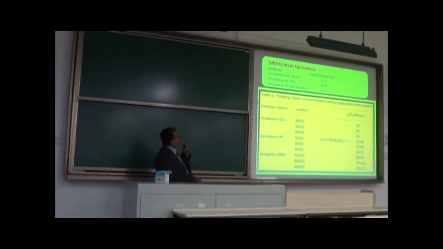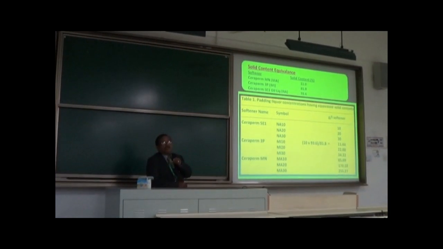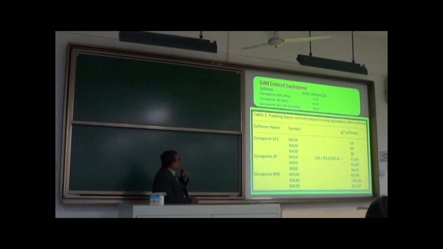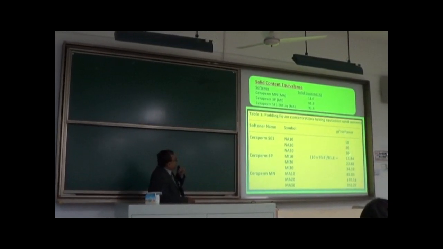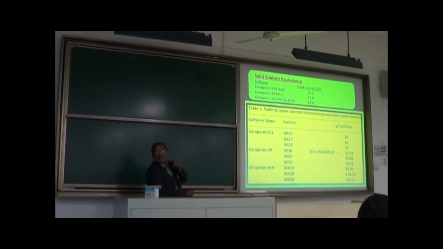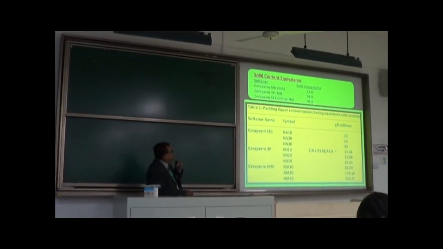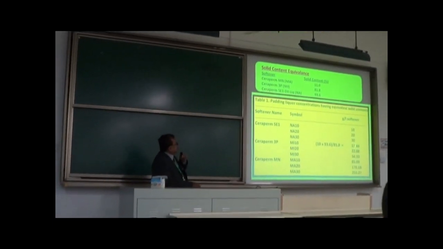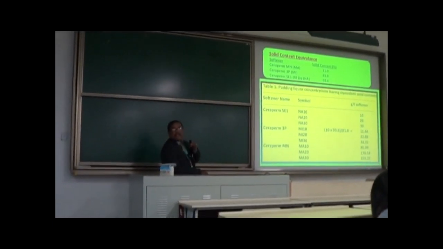First, for comparison, all should have similar solid content. So I have taken nano, micro and macro at 10, 20, 30 grams per liter, but these three have different solid content, so I have calculated the equivalent solid content. This is the formula for the base, and these are the actual contents in the three cases.